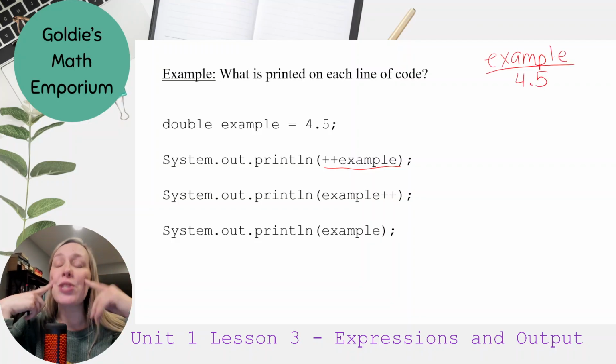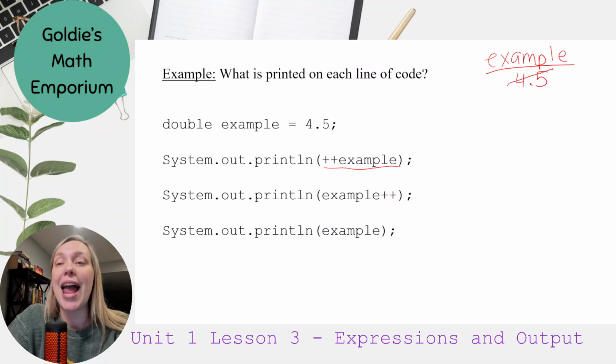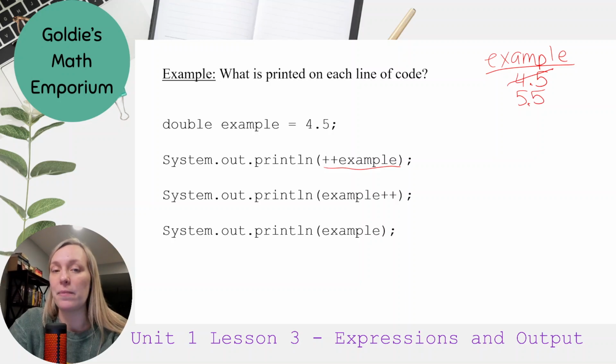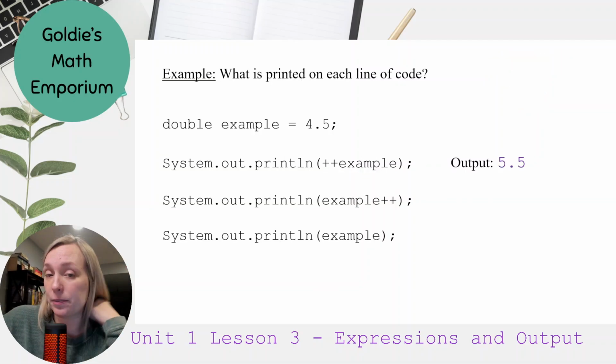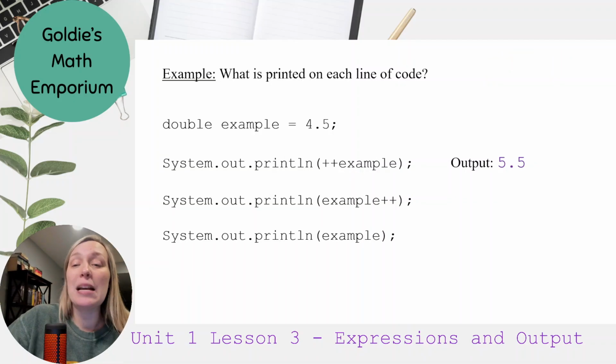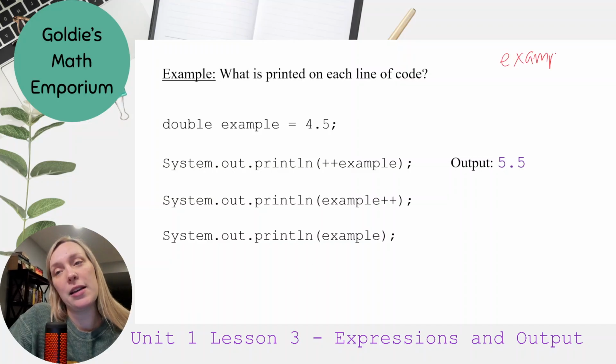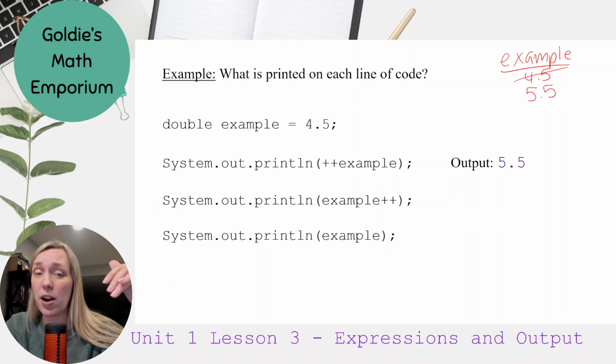Used as a pre-increment means you're going to add 1 to it before you do anything with it. So you're going to add 1 to it and then print it off. So the output is 5.5. So example is currently 5.5. It was 4.5. We got rid of that. It became 5.5, and 5.5 printed off.